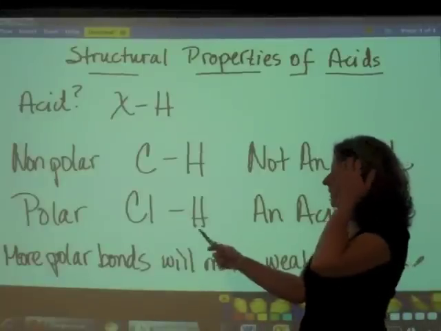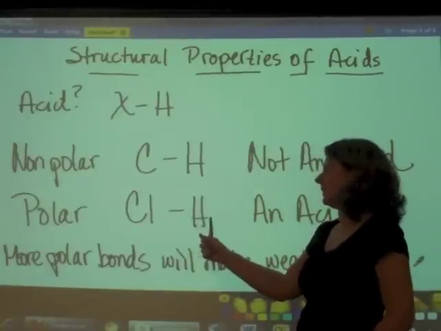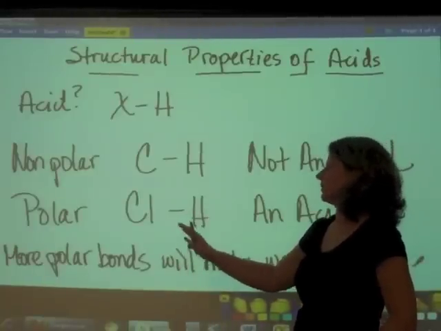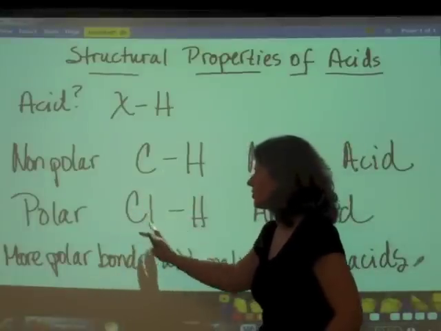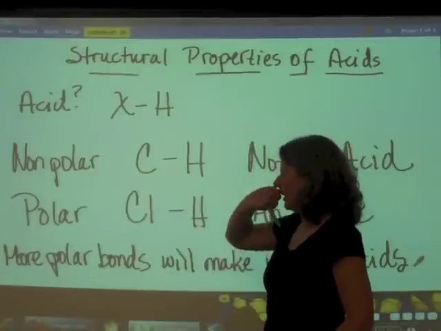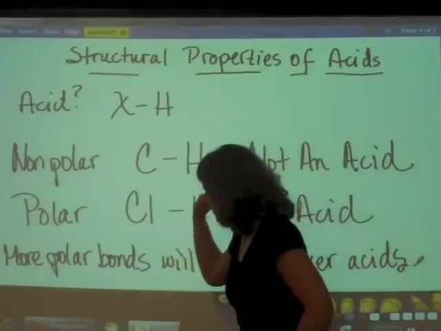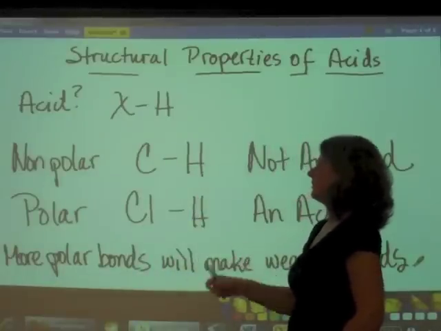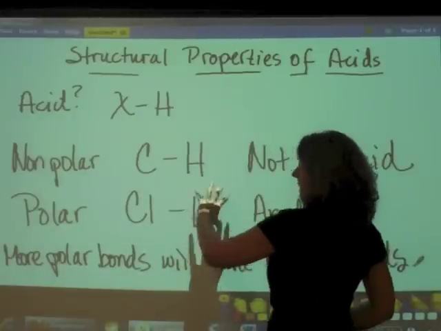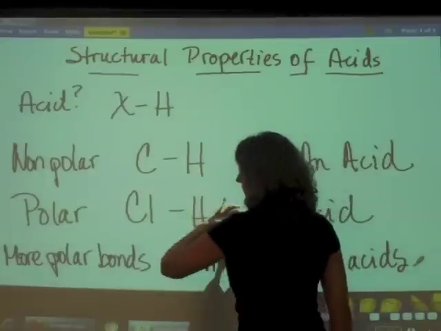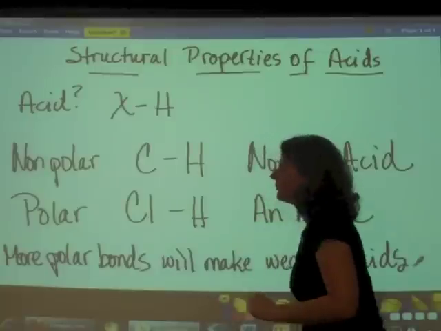Because if the electronegativity is great, so even though the electrons are being shared more in the polar bond with the anion here, it's still going to make a very strong attraction for the hydrogen with it.